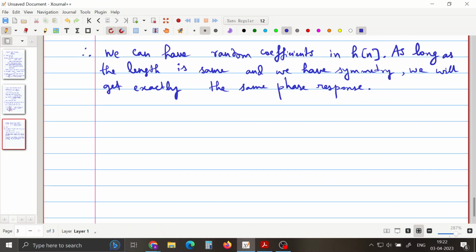If you plot it, it looks like this. h1 of n, at n equals 0 we have a1, this is a2, again a2, and then finally a1. This is n.